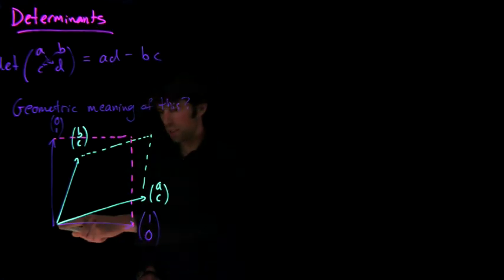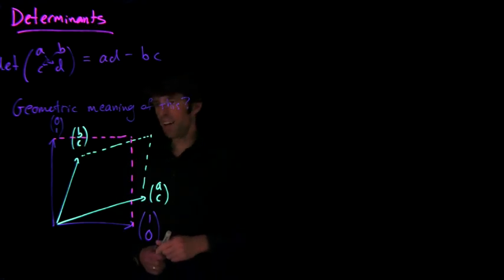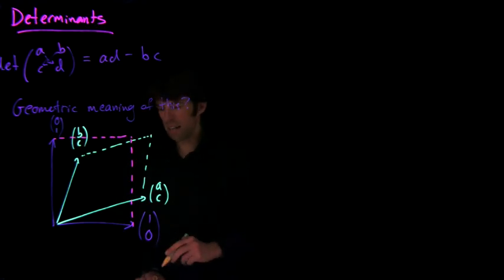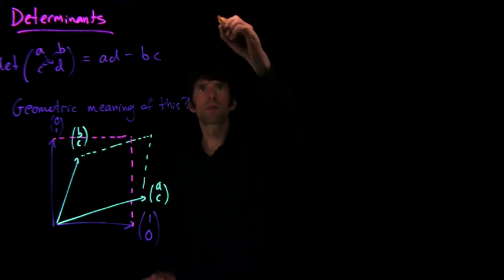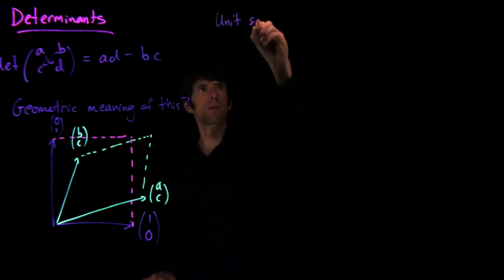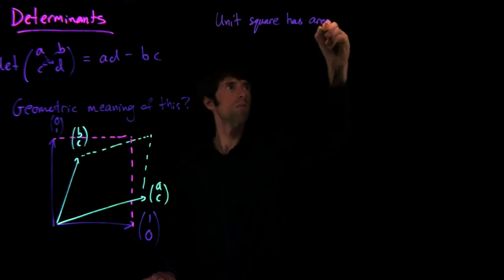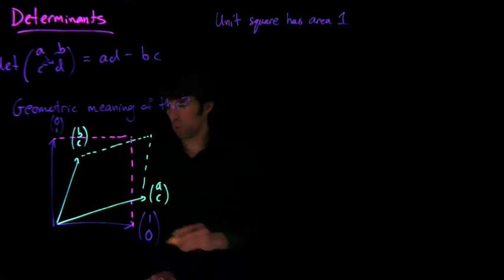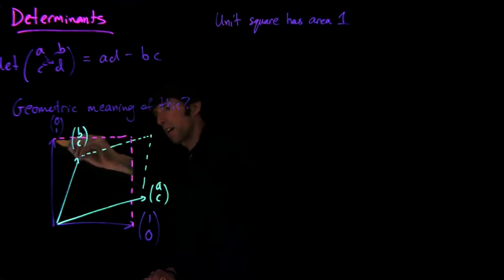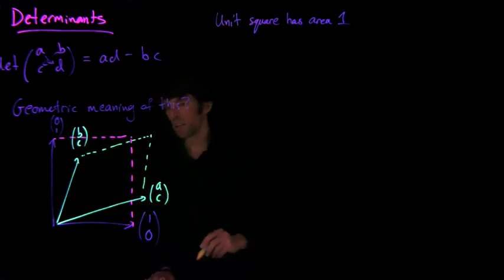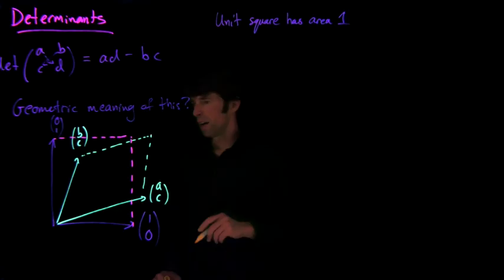The original pink or purple, whatever that looks like, unit square there had area 1. The area is exactly 1. The base has length 1, and the side has height 1. It's a square. Those are right angles, so 1 times 1 gives me 1.